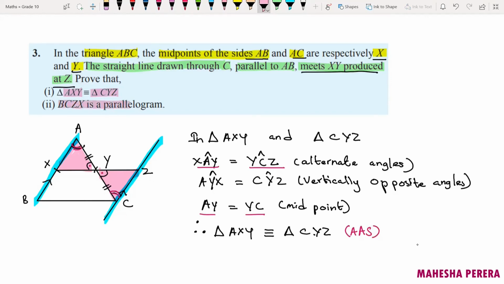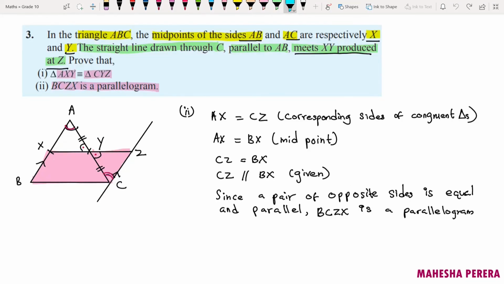Okay. Now, what's the other question? BCZX is a parallelogram, right? Now, let's erase everything and find out where BCZX is. So let's try to prove this quadrilateral is a parallelogram. Now, what can you say when you consider the quadrilateral BCZX?